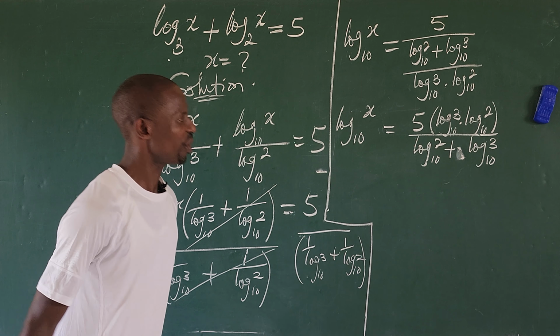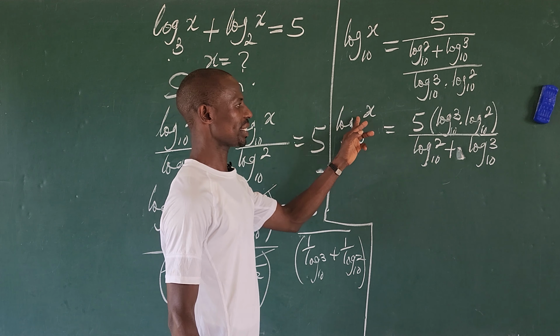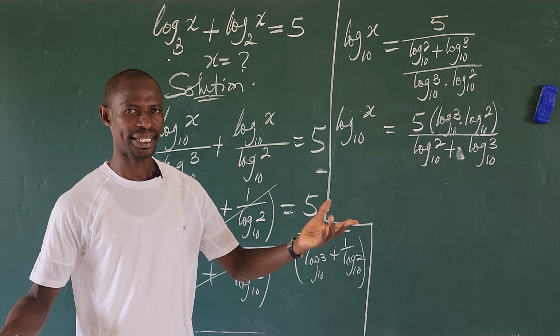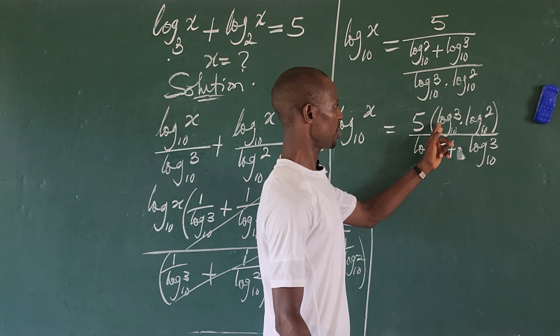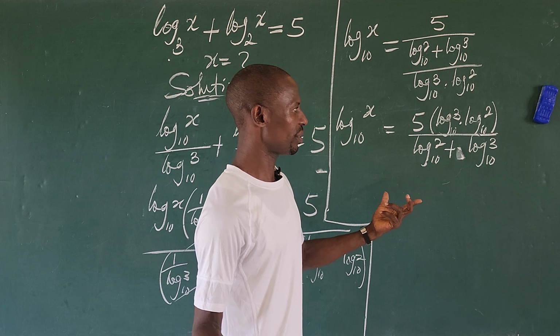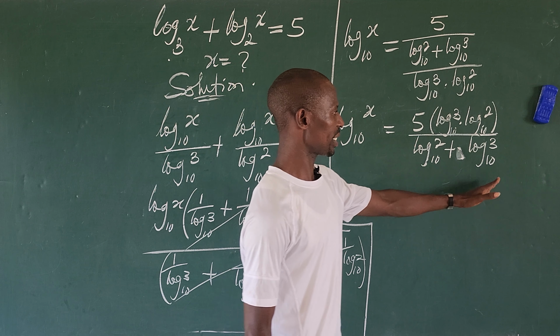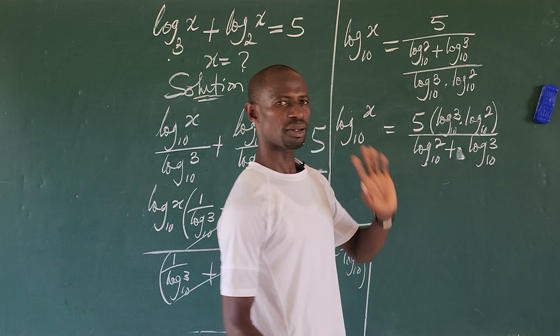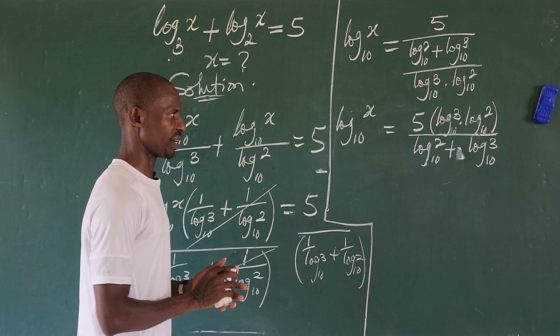Easy? Good. We are looking for our x here. So how do we get our x? Again, for log 3 base 10 and log 2 base 10, we can get the numerical values, then compute everything to give us a numerical value.